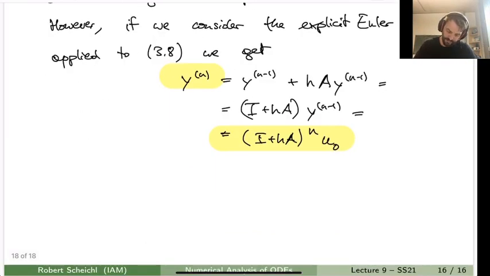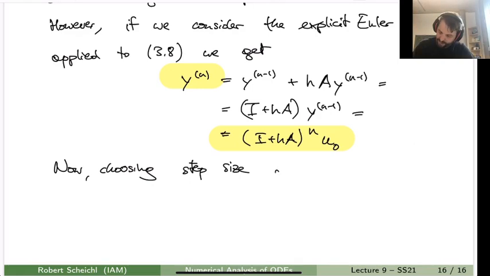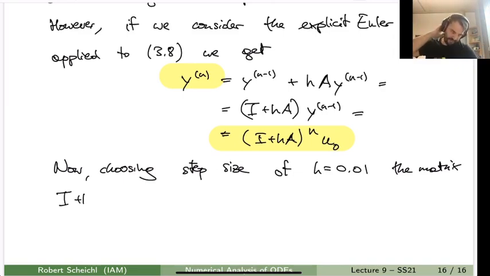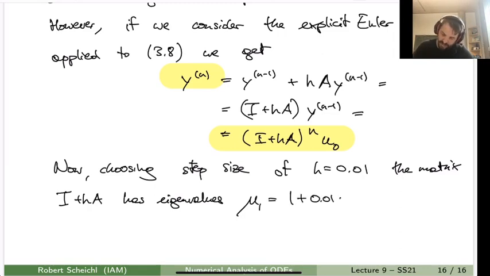Now if we choose a step size of h equals 0.01, so fairly short, the matrix I plus hA has eigenvalues mu1 equals 1 plus 0.01 times minus 2.